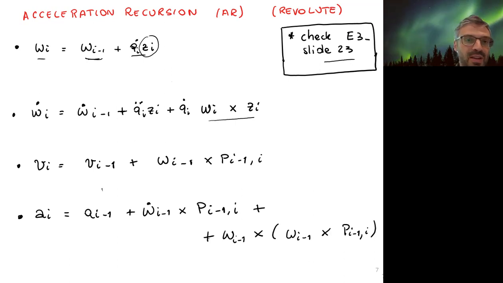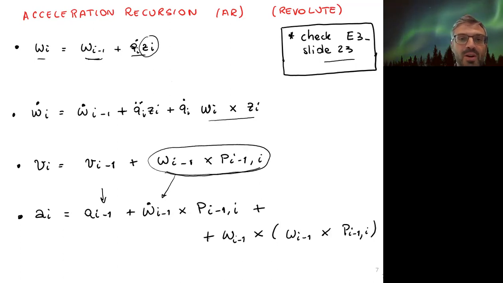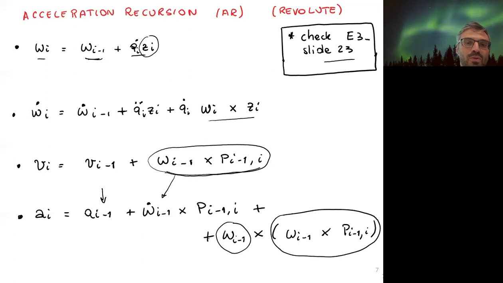This is the time derivative of this term: first the time derivative of this times the other one, plus the fact that this vector is in a rotating body, so you need to consider the omega cross the vector to compute the derivative in a rotating frame.